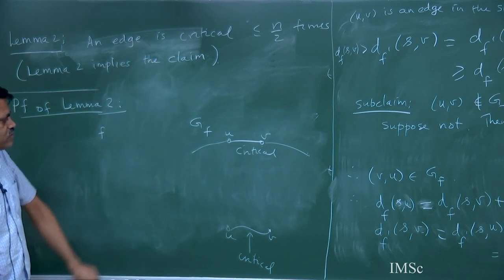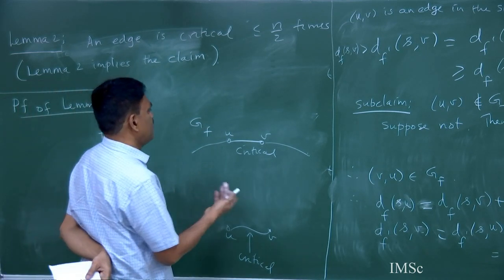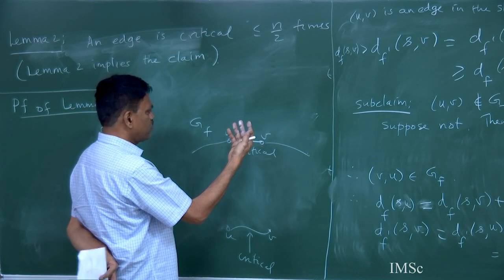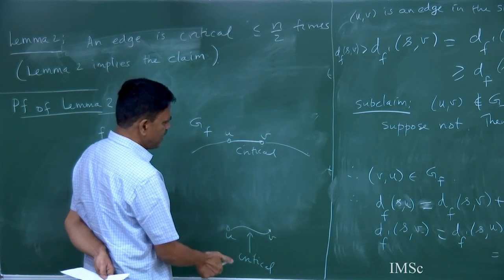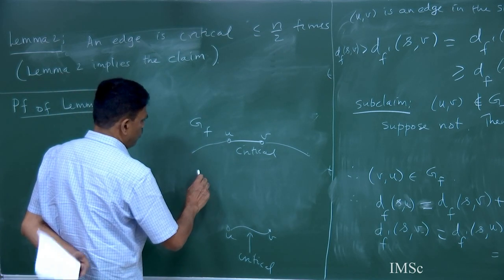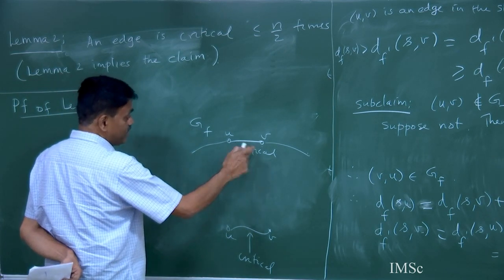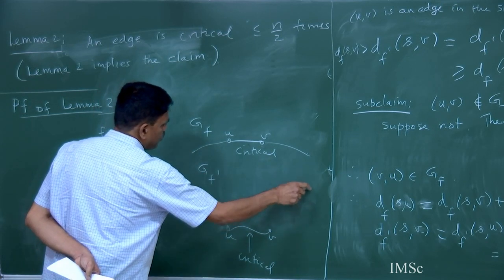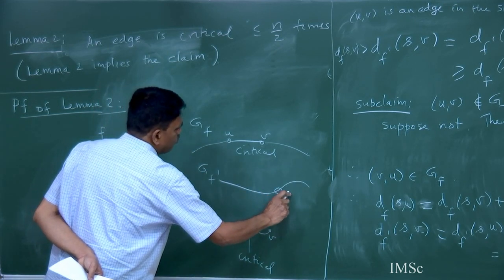And why is this true? Again, if UV was critical, UV went away from the residual network, and it is surfacing again, which means that there is some other flow F prime, it need not be here, but maybe in some other F prime, where you augment through VU.